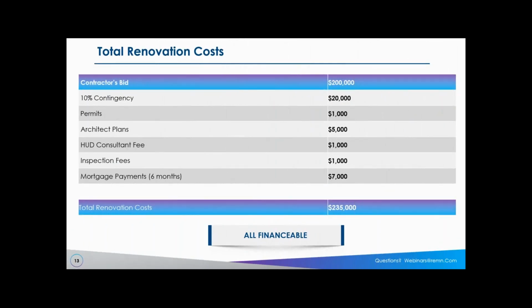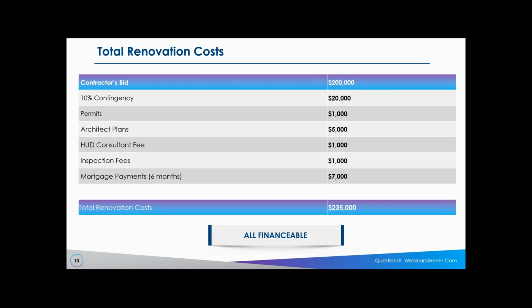When we talk about total renovation costs, I just want you to keep in mind that it's not all about what's on the bid, right? So if a contractor gives you a bid for $200,000 in this example, that's not it. We also have to finance in a 10% contingency. Okay, sometimes it's 15%, but generally it's 10%. That means we have some extra money, some extra wiggle room, just in case the contractor overruns on budget, or they're doing work and they find some other repairs that are needed.